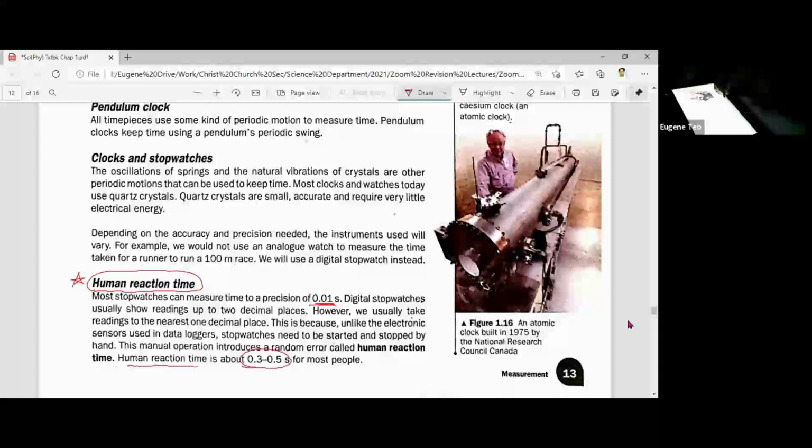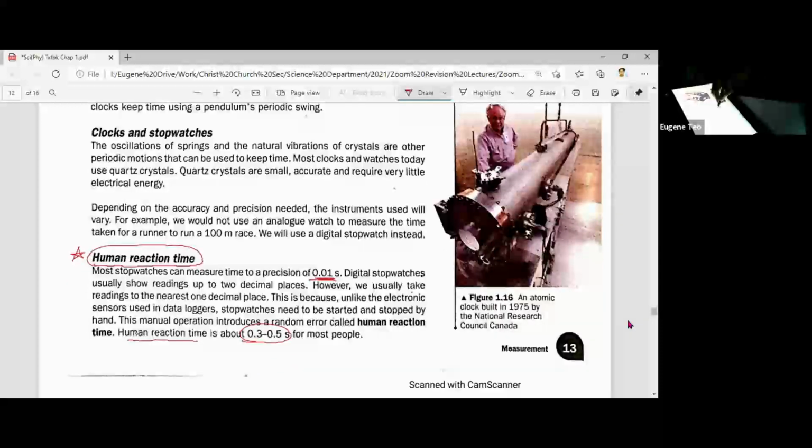So if I press the stopwatch, it can't possibly be more accurate than my human reaction time. I will be lagging or a bit faster by 0.3 to 0.5 seconds. However, my stopwatch can measure up to 0.01. It's kind of funny, right? How can pressing a stopwatch give something accurate up to 2 decimal places, whereas your reaction time is only accurate up to 1 decimal place in terms of seconds?